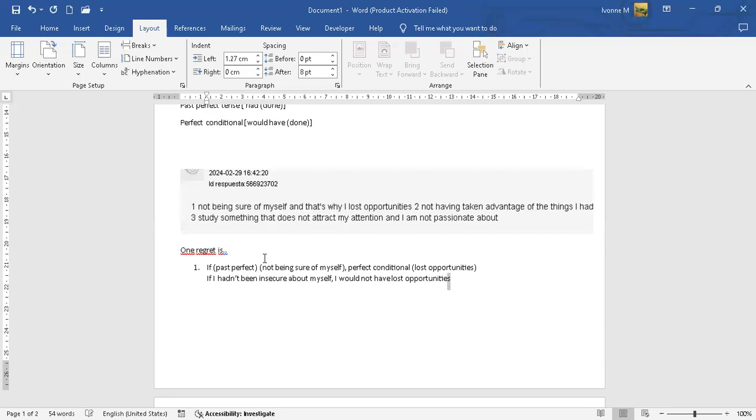So this is the same meaning, but expressed in a third conditional sentence.